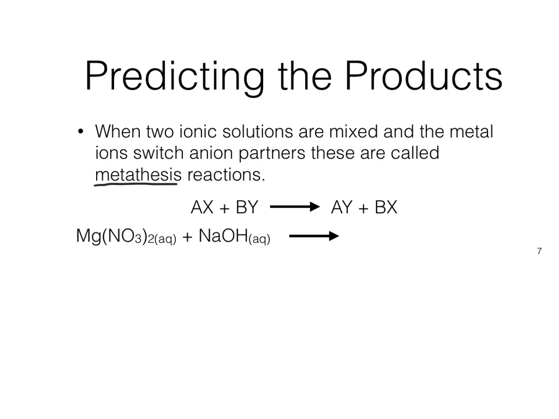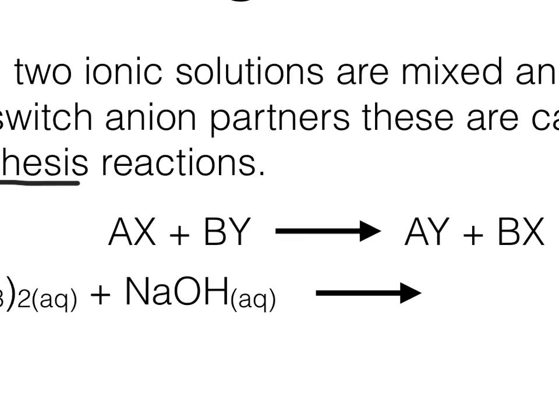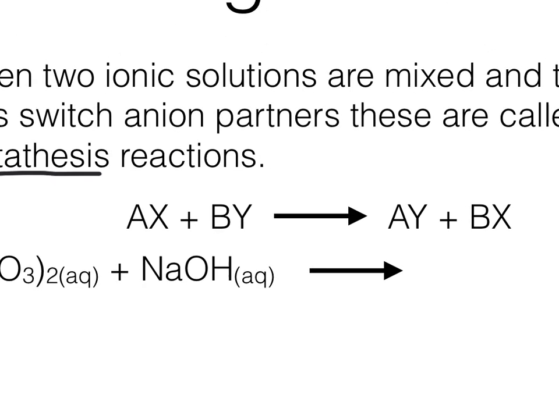So when I was in school, we did a lot of do-si-dos. At some point in a do-si-do square dance, the caller yells out, now everybody switch your partner. So if we consider the AX to be red and this to be blue, what we see in a do-si-do reaction is that the anions are going to switch places.